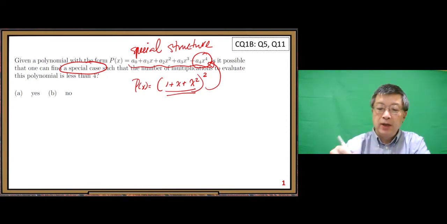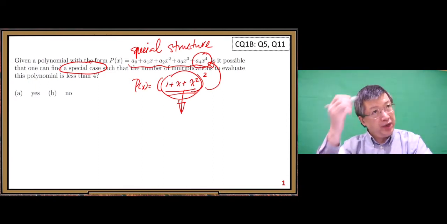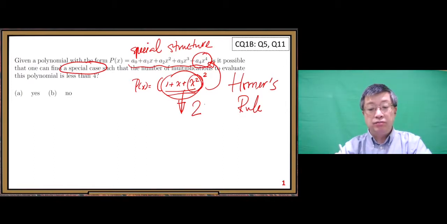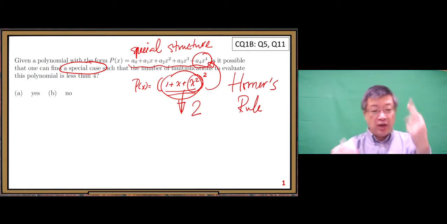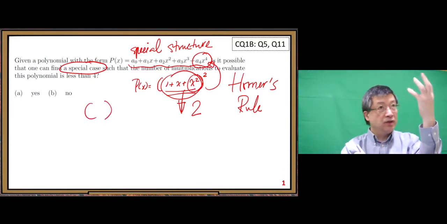Let me do it. First, calculate the polynomial inside the parentheses. How many multiplications do we need? 2, right? Because by Horner's rule, the degree of the polynomial is 2. So with 2 multiplications, we can find the value inside the parentheses.